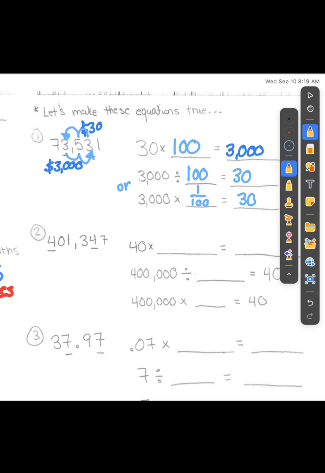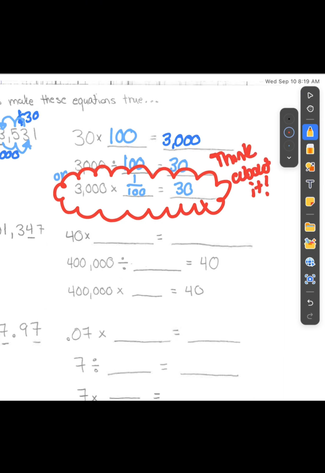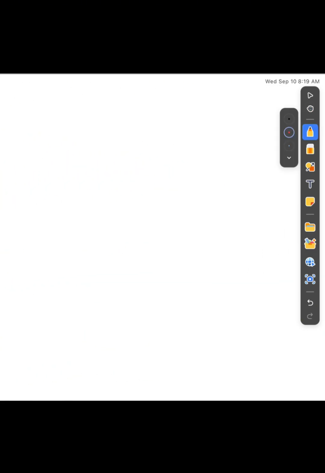Now we're going to talk about that one a little bit and why it works. Usually when multiplying we're getting bigger numbers, but on this one we're getting smaller numbers. So why does it work? Let's think about it. This is like saying that we have 3,000 people, and it's 3,000 times 1/100th.